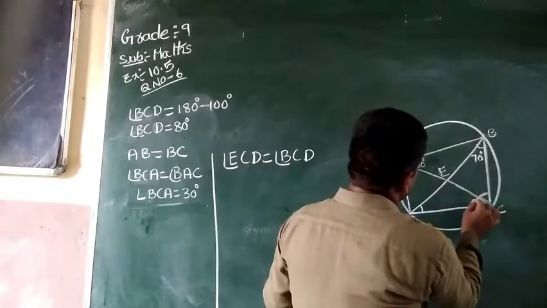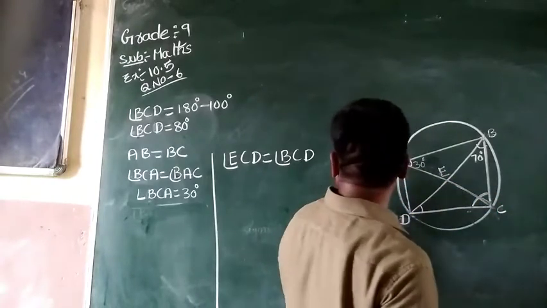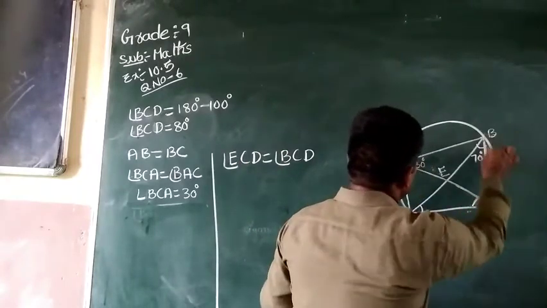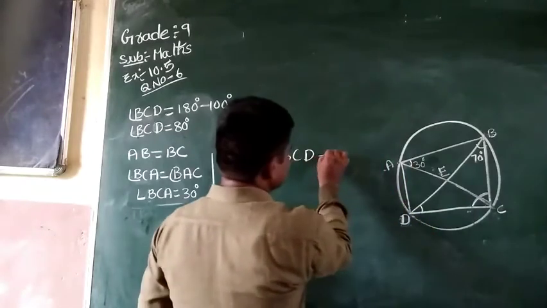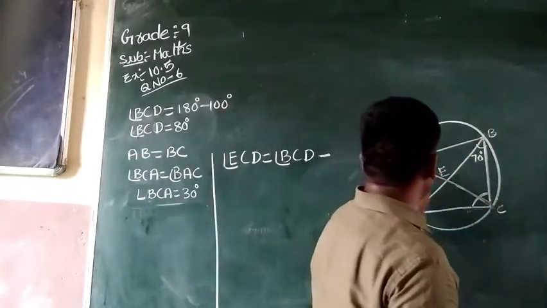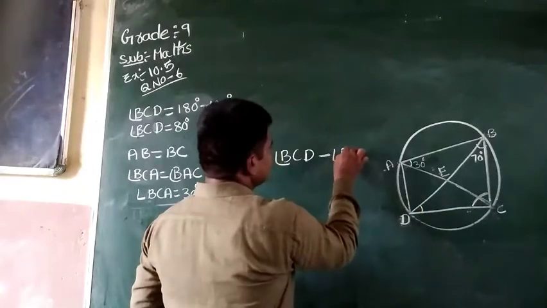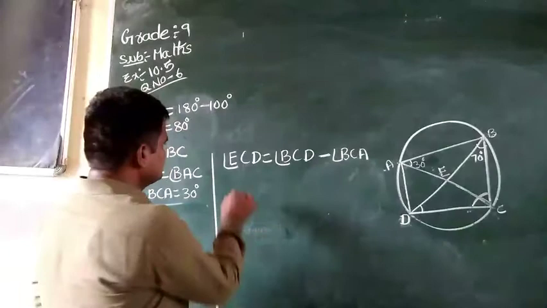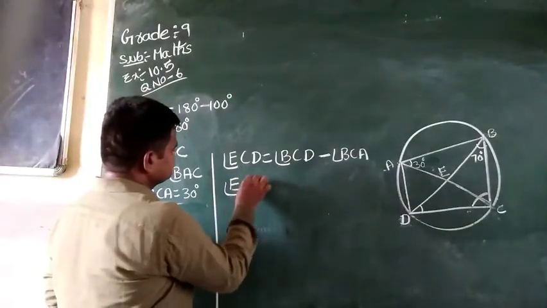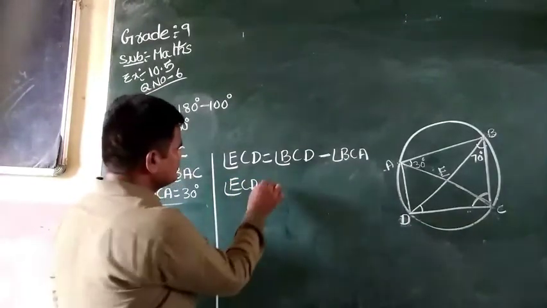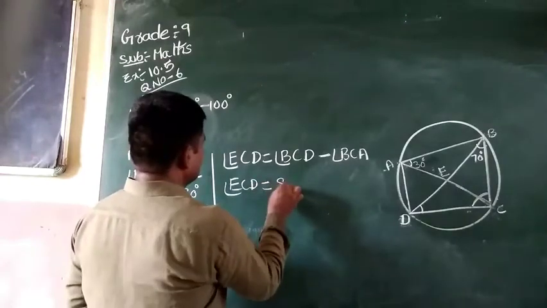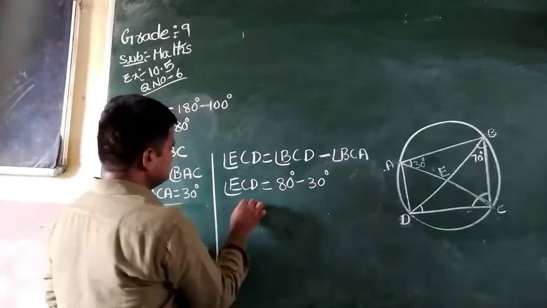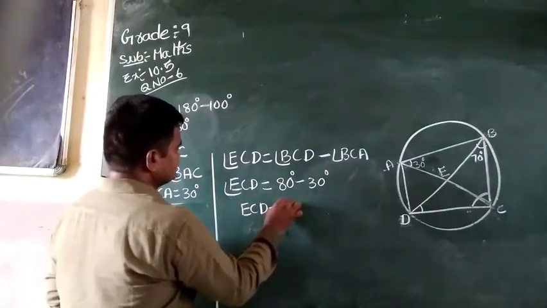We know that angle BCA equal to 30 degrees. So angle ECD equal to 80 degrees minus 30 degrees. So angle ECD equal to 50 degrees.